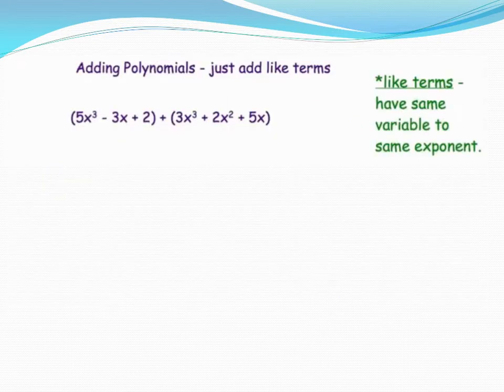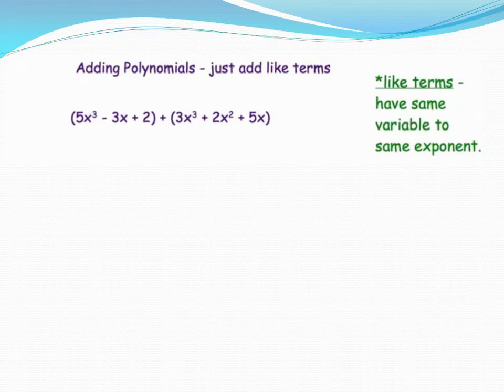Okay, now what we're going to do is talk about just some basic arithmetic with polynomials. So how are we going to add and subtract polynomials together? Now that we understand what polynomials are in terms of the number of terms and their degree, let's talk about adding them. Adding them is pretty simple. Basically, we're going to take one polynomial, multiple terms, and add them to another one.